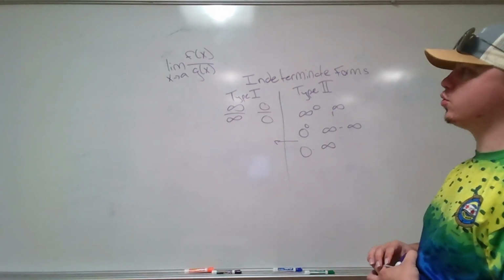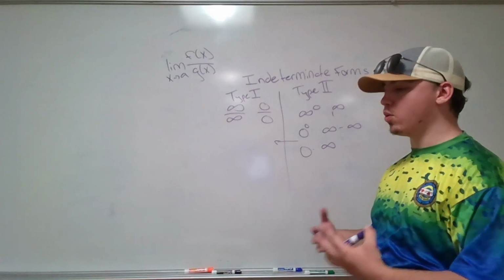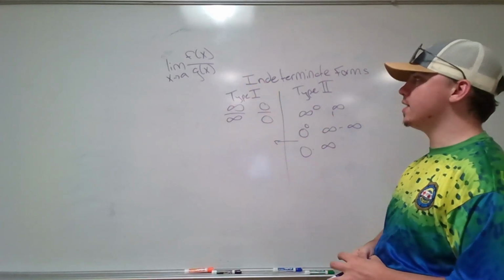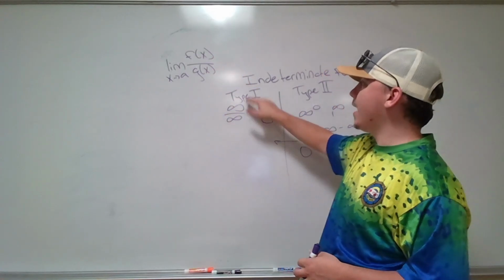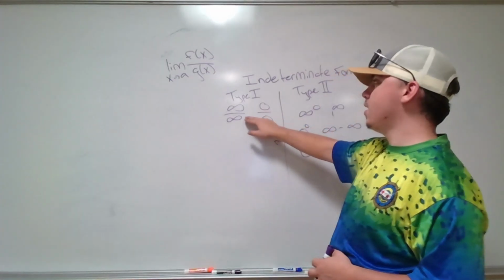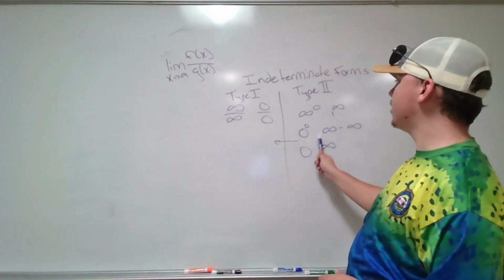So what is L'Hopital's rule? L'Hopital's rule is just a rule, just like the power rule or the quotient rule, that lets us evaluate a limit, in which the limit of f approaches something, and the limit of g approaches some other thing. And whatever relationship f and g have is going to match this.